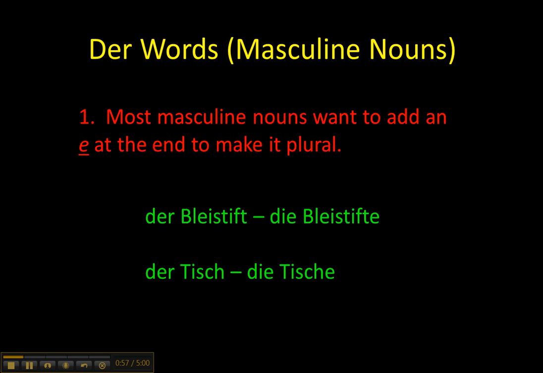Most masculine nouns want to add an E. So your default position is to add an E if it's a der word to make it plural. For example, der Bleistift, die Bleistifte, der Tisch, die Tische.